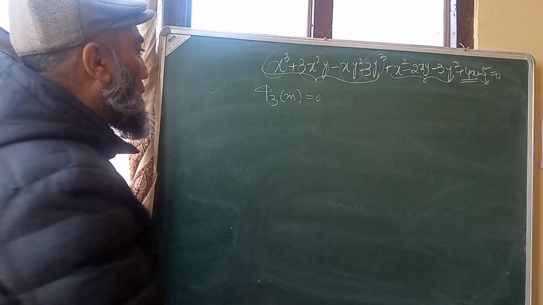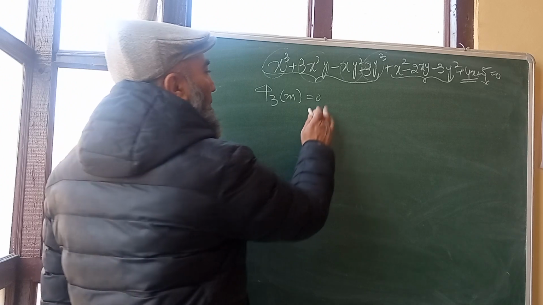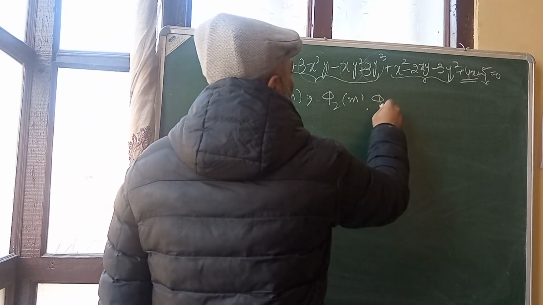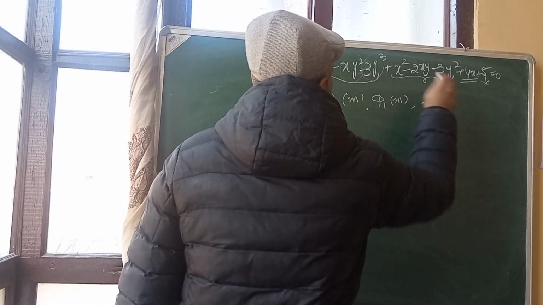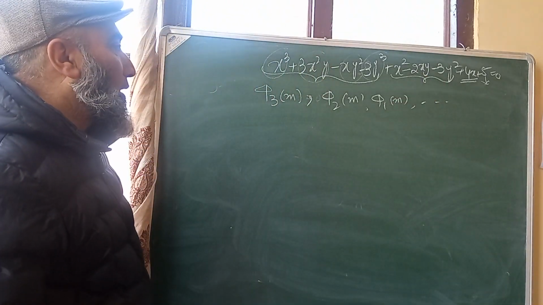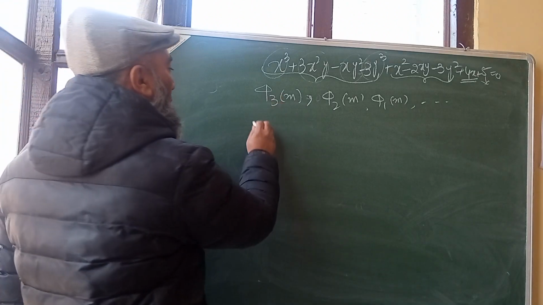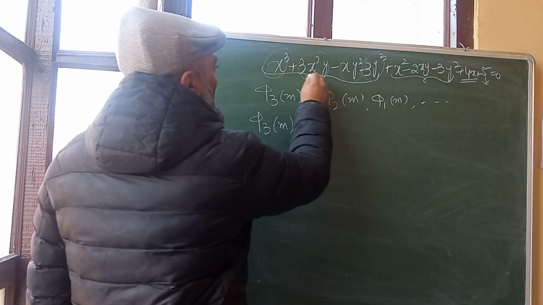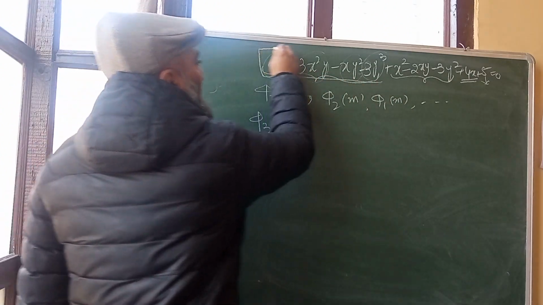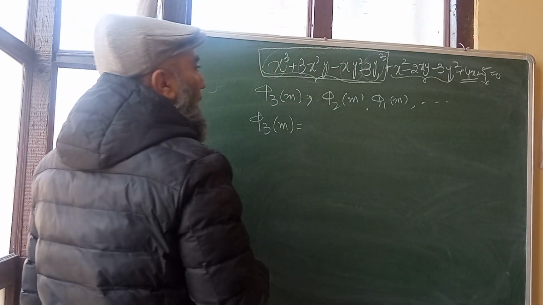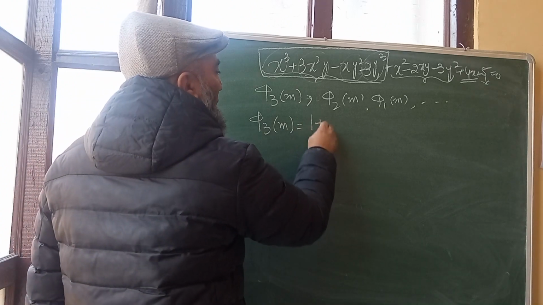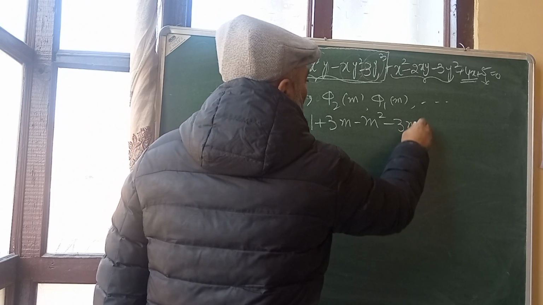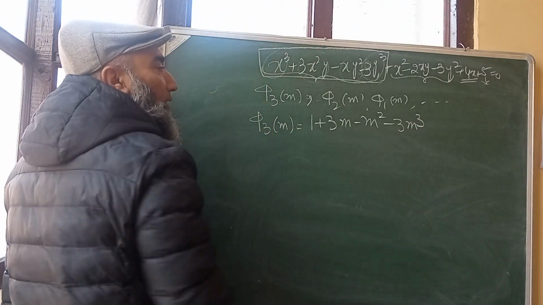So for oblique asymptotes, I have to find phi 3m, phi 2m, phi 1m, and so on. Whatever I need to find are only these. Now phi 3m is those terms whose degree is 3. In that we have to put x equal to 1, y equal to m. This is it. This is phi 3m.